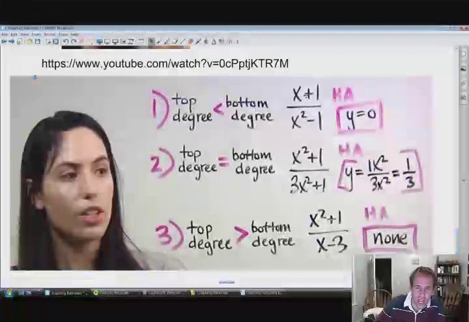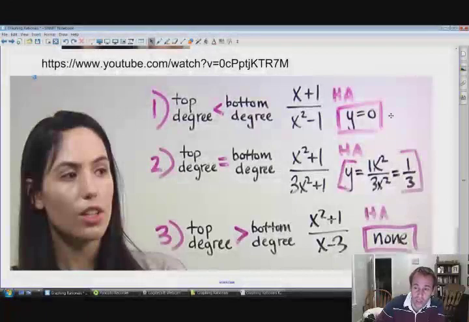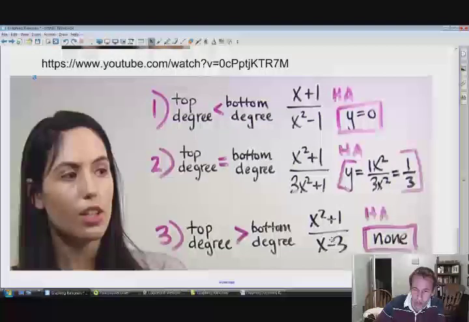If the top degree is less than the bottom degree, the horizontal asymptote is y equals 0. If you want to write this down if you haven't seen this before, if the top degrees equal each other, then it's just the number in front of it, like 1/3. 1/3 is the horizontal asymptote. And if the top degree is greater than the bottom degree, then there's no asymptote at all.